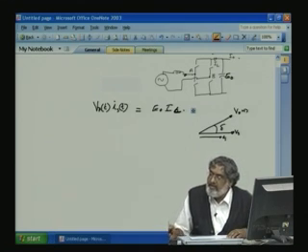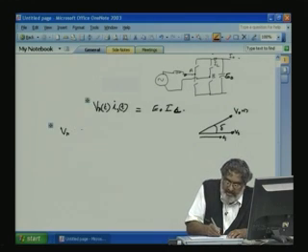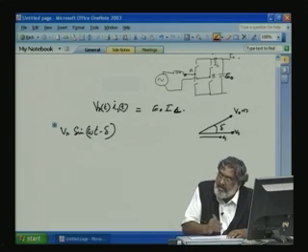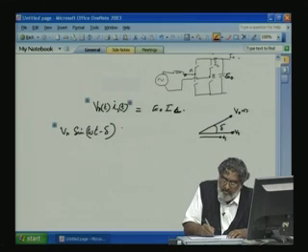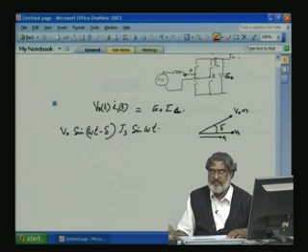So, VRT will be VR sin omega t minus delta into Is sin omega t. Okay.